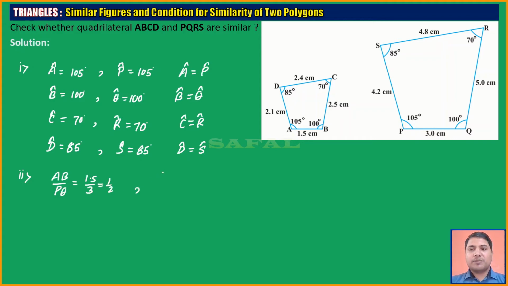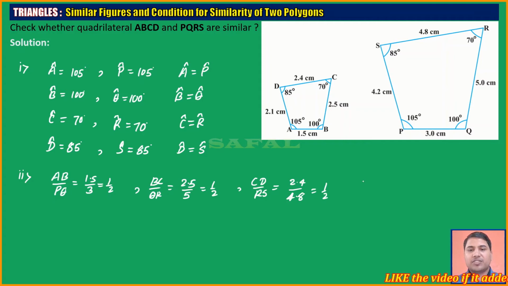Similarly, BC by QR is 2.5 by 5, which is also 1 by 2. CD by RS is 2.4 by 4.8, which is also 1 by 2.